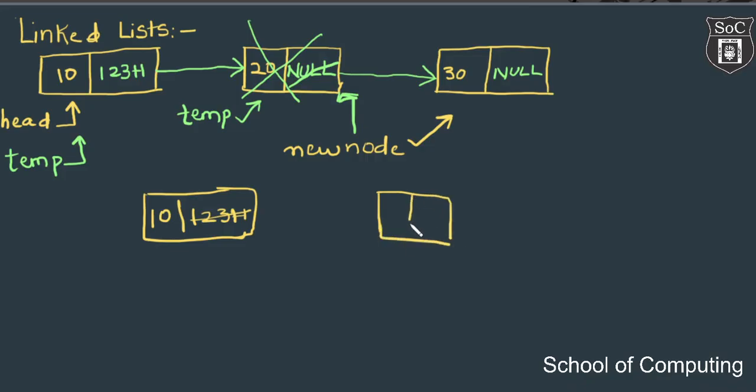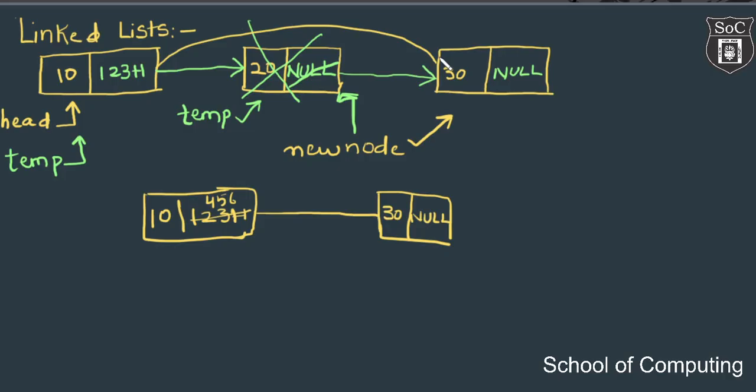Let us assume the address of the third node is 456, for example. Then what I have done, I have connected 1 and 3. So it's like bypassing. When I wanted to remove the second node, I connect the first and third. The moment I connect 1 and 3, I have deleted the second node.